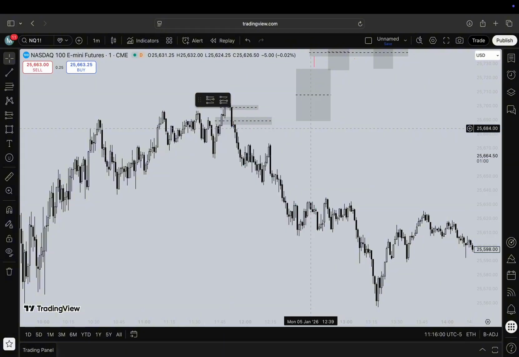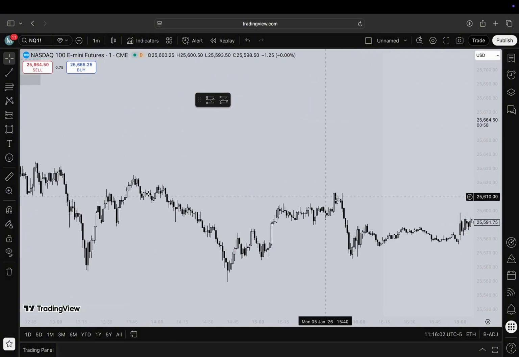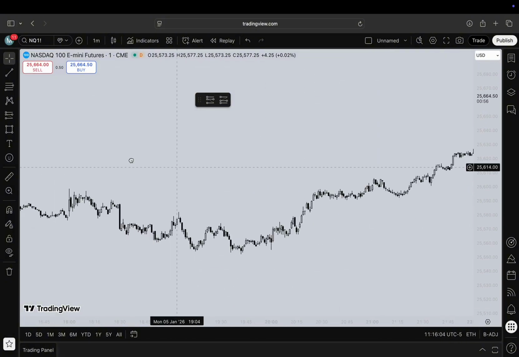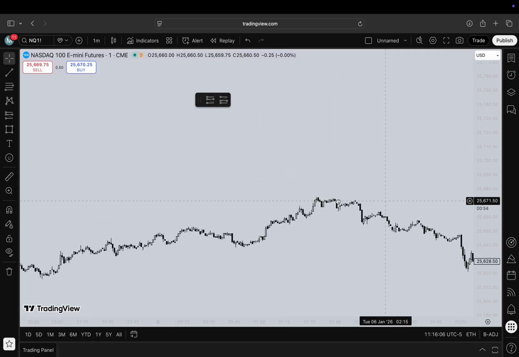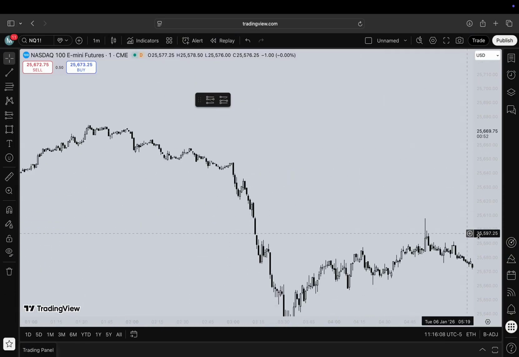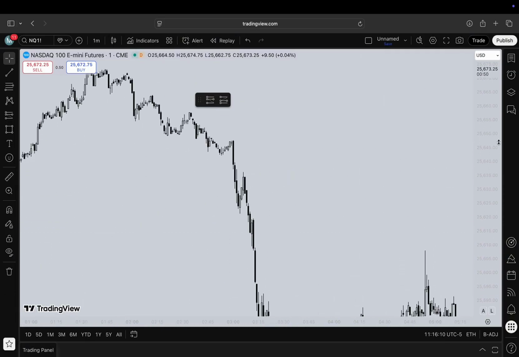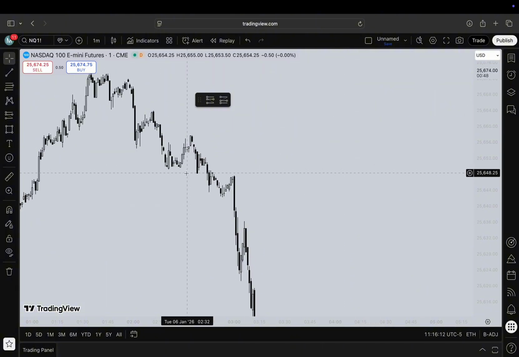If we want another chart example, we have right here a fair value gap, barely. All right, I'll find a better example.